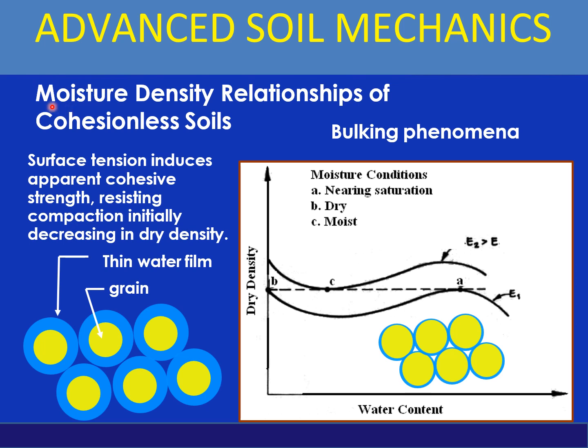So, moisture density relationships of cohesionless soil. Just focusing on the pure cohesionless soils, surface tension induces apparent cohesive strength, resisting compaction initially, decreasing in dry density. So look at that.